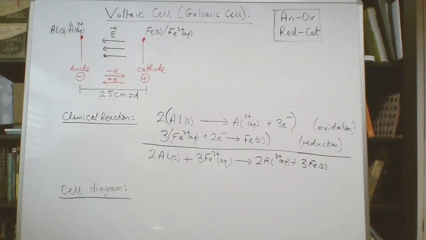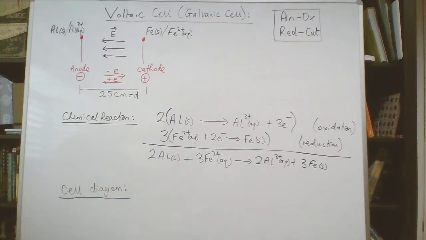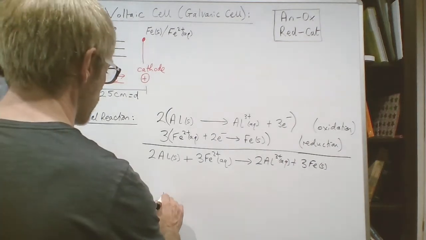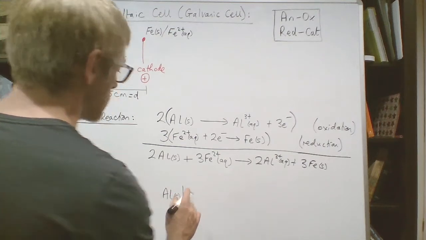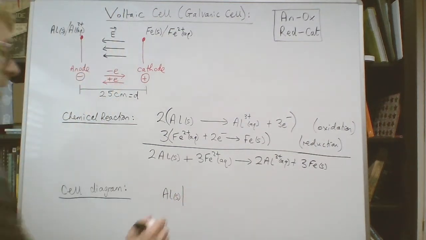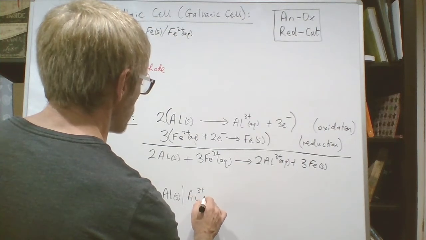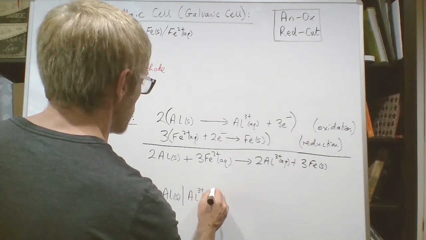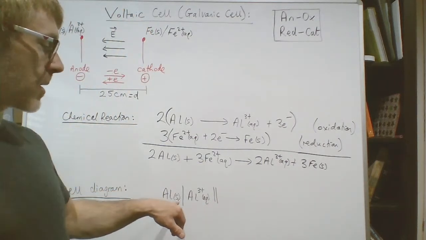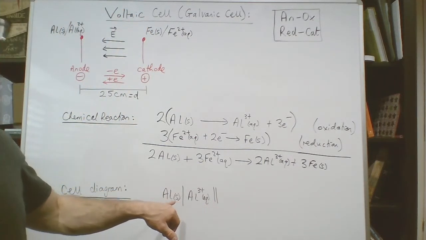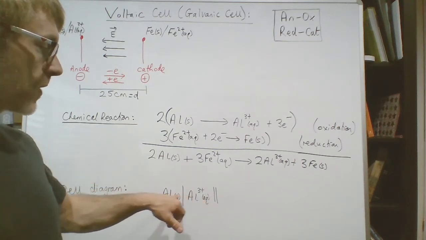My cell diagram, however, I'm just going to look at the diagram left to right. On the left, I have aluminum solid, single parallel line. Then I have aluminum 3 plus aqueous, double parallel line. So in the cell diagram notation, the single parallel line represents a phase change from the solid to the aqueous phase.